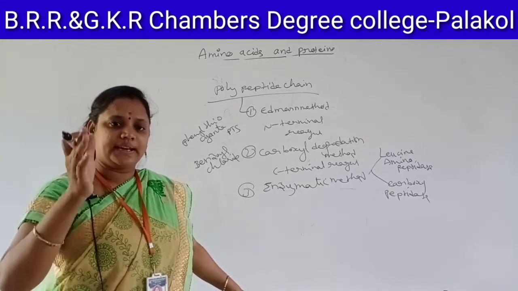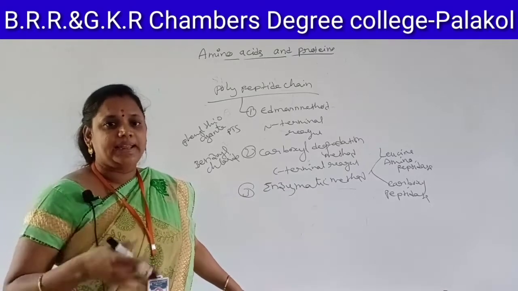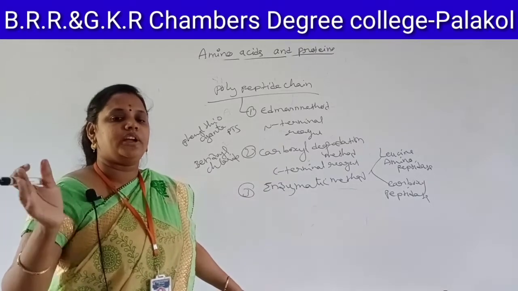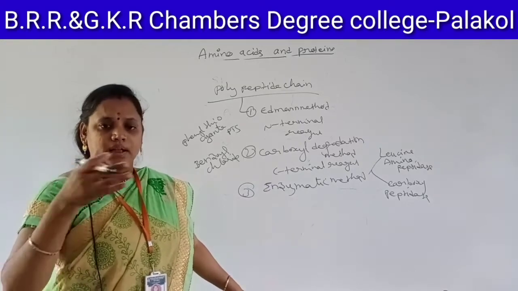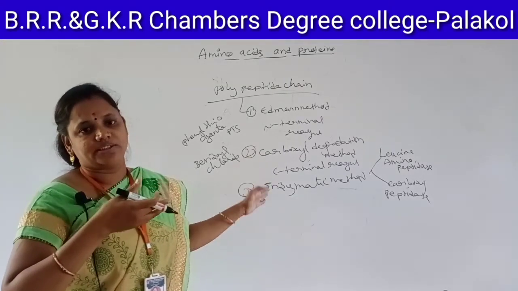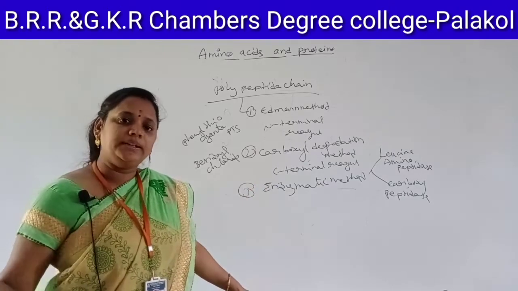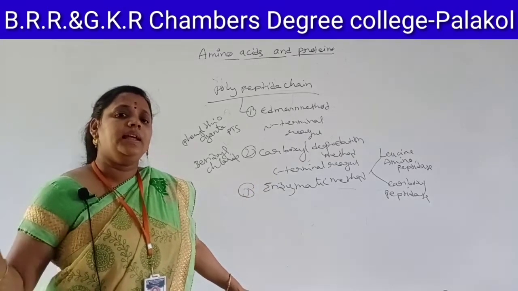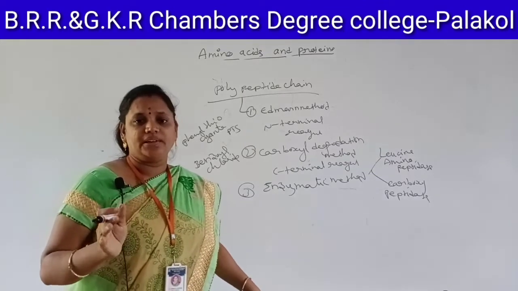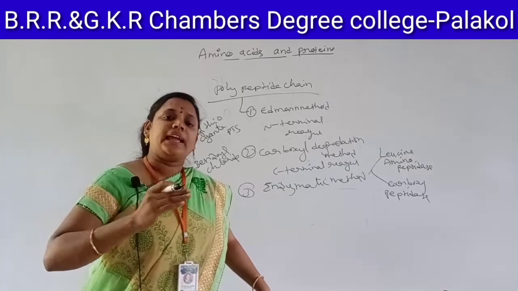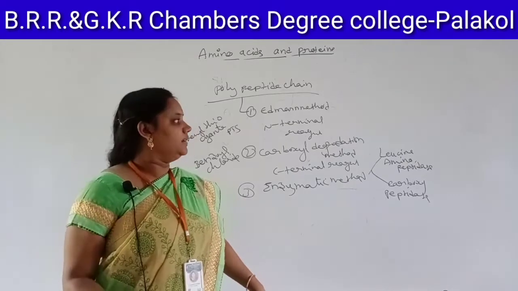Further reaction, the second amino acid will be removed. And again, it attacks the C-terminal of the third amino acid. On further treatment with ammonium thiocyanate, the third C-terminal amino acid will be removed. By this way, the polypeptide chain, which is a lengthy chain, can be degraded one by one.